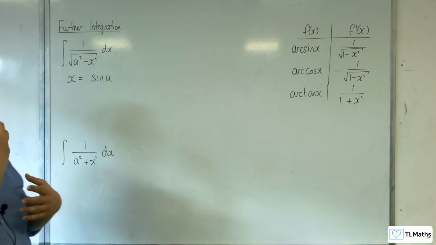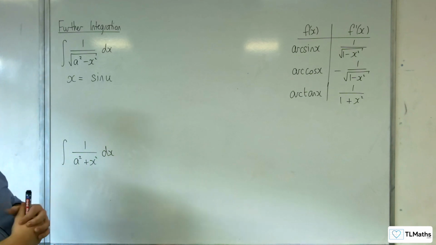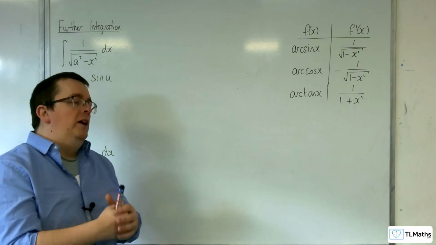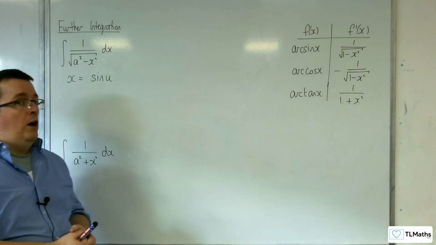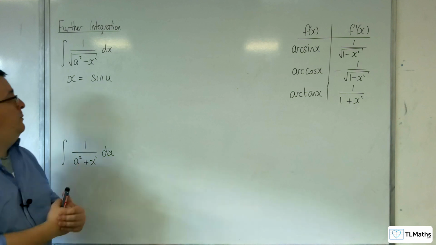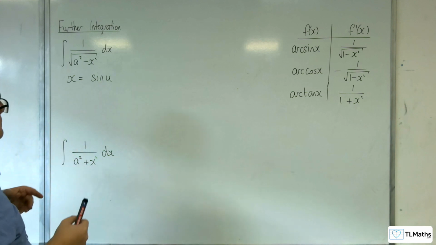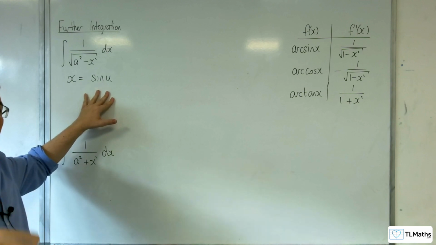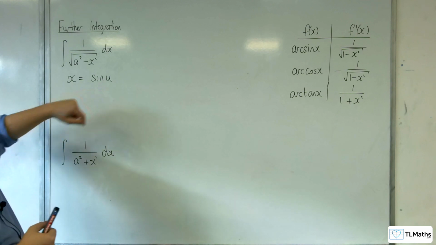So we got to 1 take away sine squared, which was cosine squared, which we could square root. So that's the same process that we want to go down. So how am I going to make sure that I'm going to get an identity that I can work with?